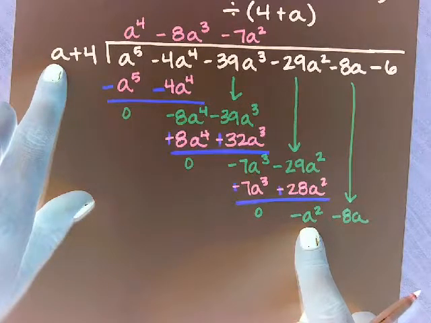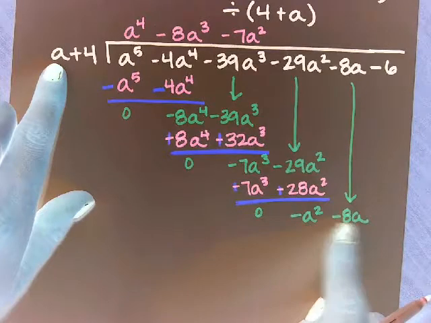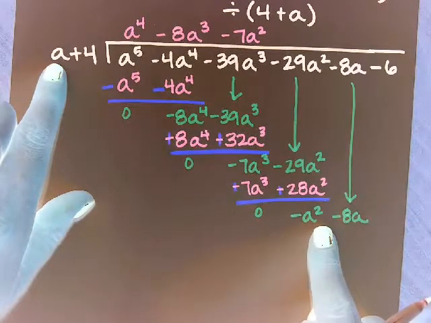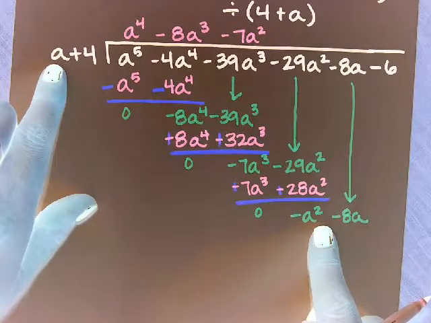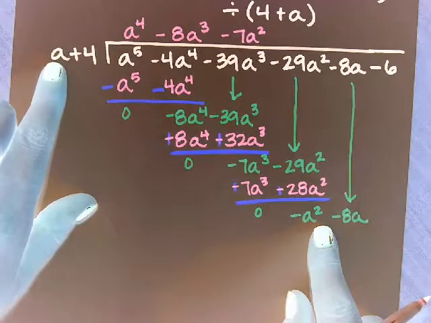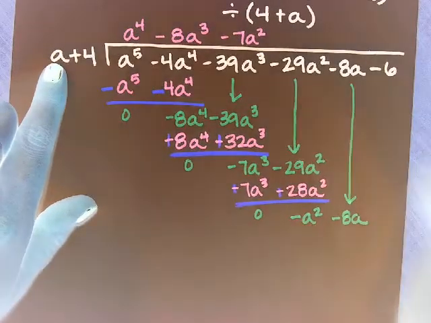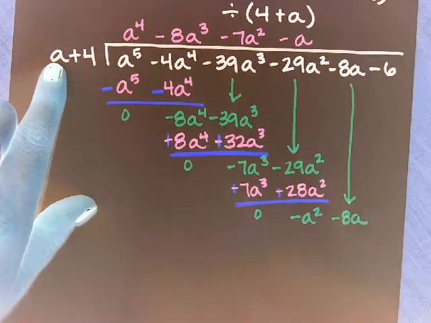And then go ahead and take the top and multiply it by the front and line it up underneath. So a should multiply by negative a to make negative a squared.